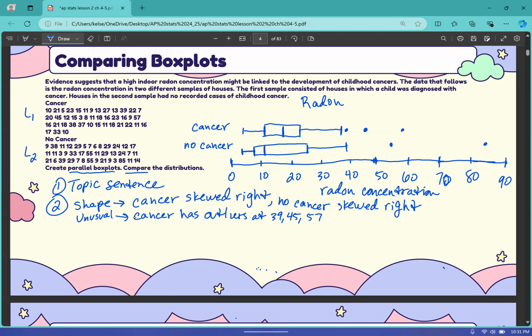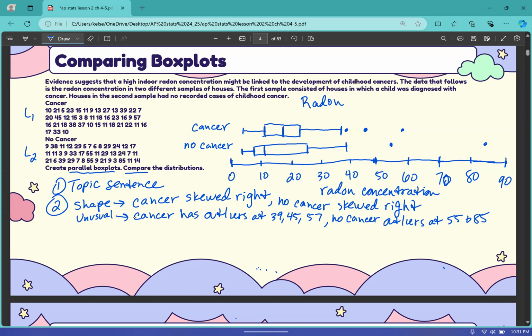No Cancer has outliers at 55 and 85. So we got that there. And again, we call them potential outliers, right? Potential. And we say they're at about all these points just to give us that wiggle room. Use those wiggle words.